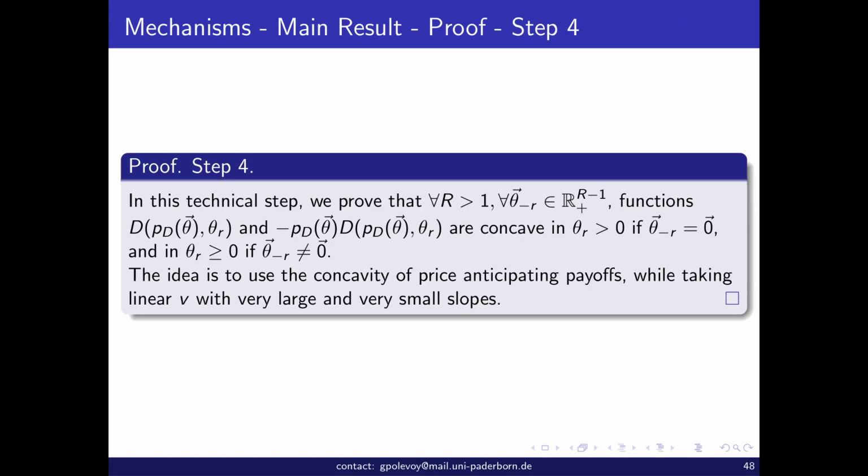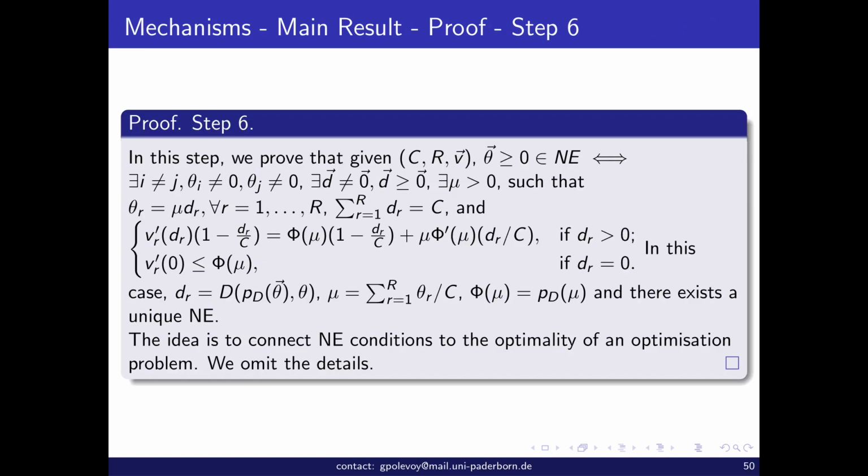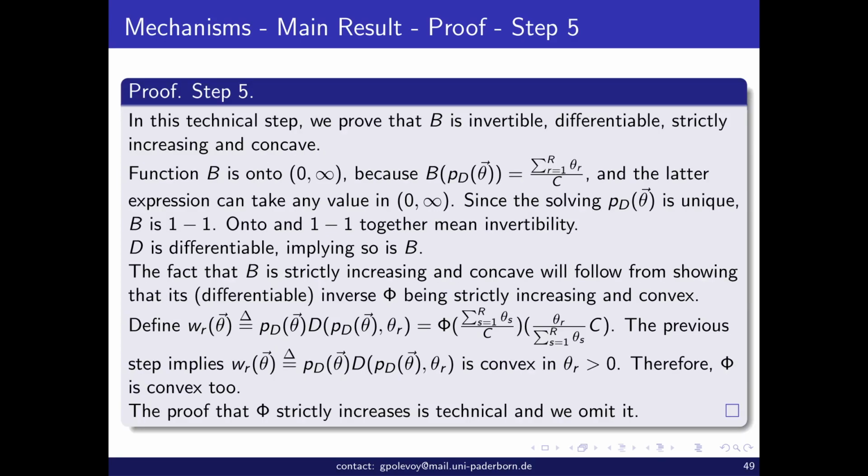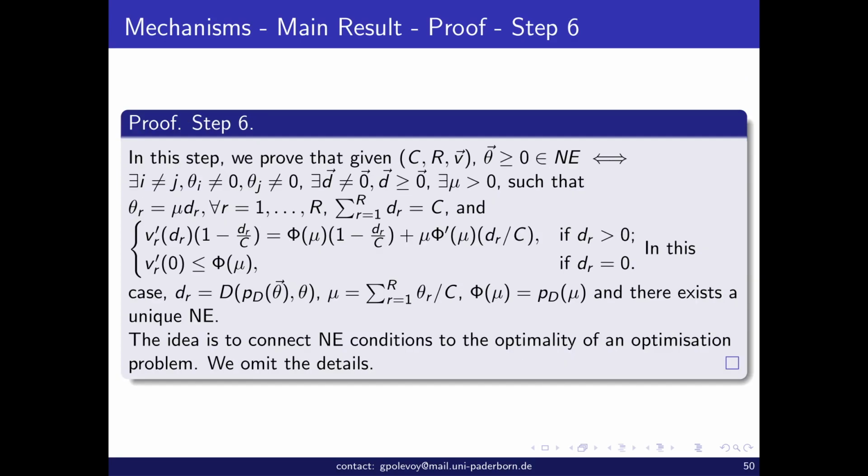So let's finish that. First of all, we prove that given any capacity, which we use as the size of the resource, R is the number of players. Don't confuse R as the number of players, because the resource is called capacity here, so I don't think it's a good name. But anyway, capacity is the resource, R is the number of players, a natural number, one or more in general.